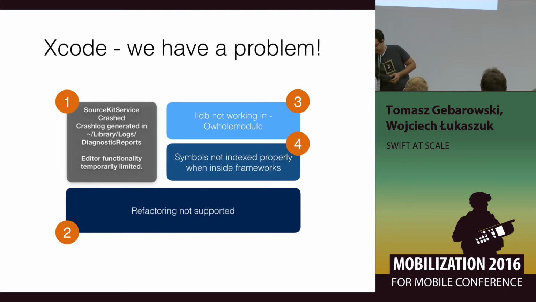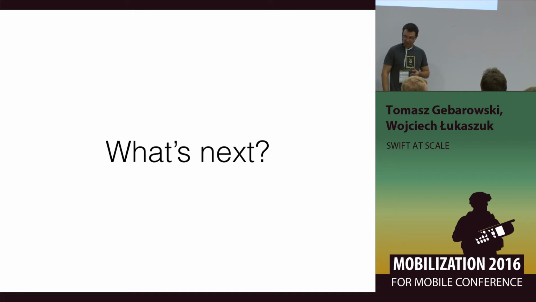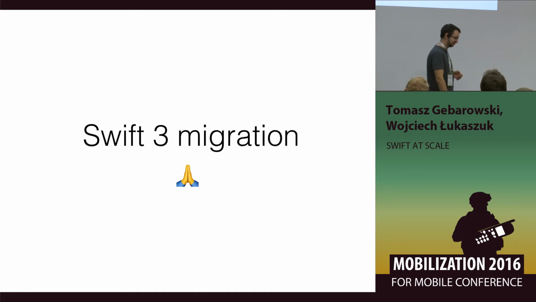Okay, so what's next? Well, we are planning migration to Swift 3, but we are not yet there, and we don't know when it's going to happen. But for sure, we can expect quite a lot of problems, mainly because of the renaming and all the new changes.